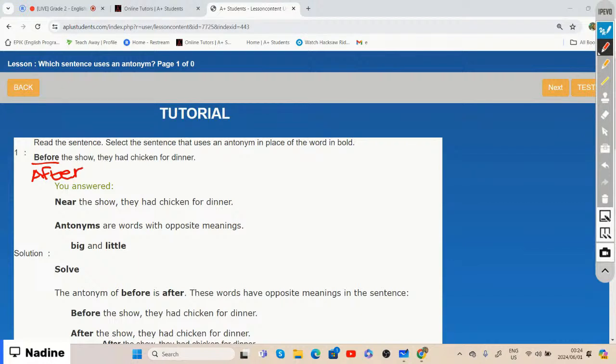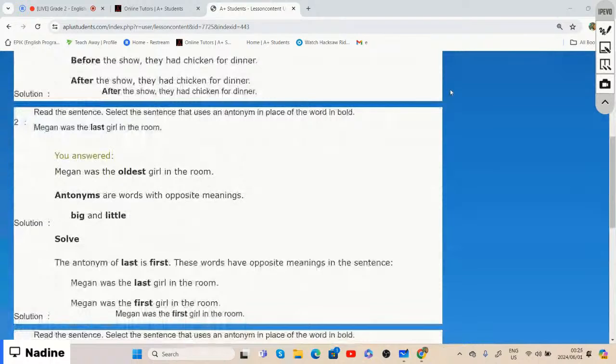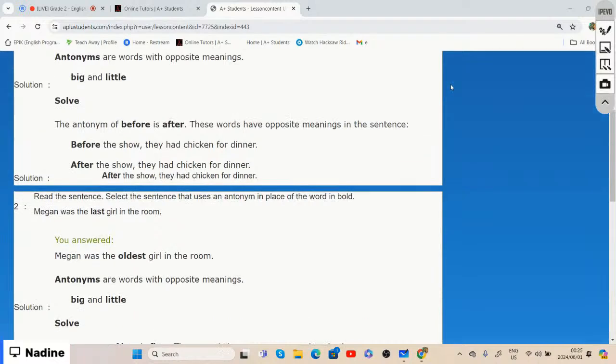So it's before or after. All right. Megan was the last girl in the room. If she was the last girl in the room, if last is the last one, right?